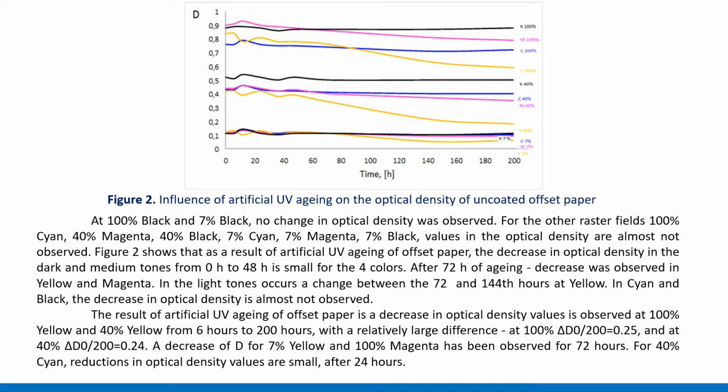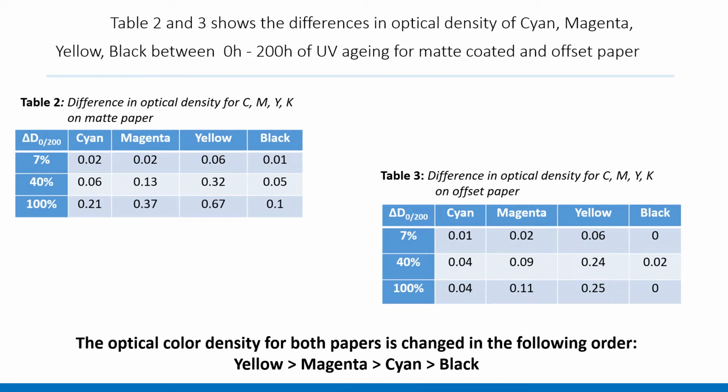Now you are seeing figure 2. This is the influence of UV aging for uncoated offset paper. The results are the same. And now in these two tables, table 2 and table 3, you can see the differences in optical density on both papers in the white, middle and dark tones.